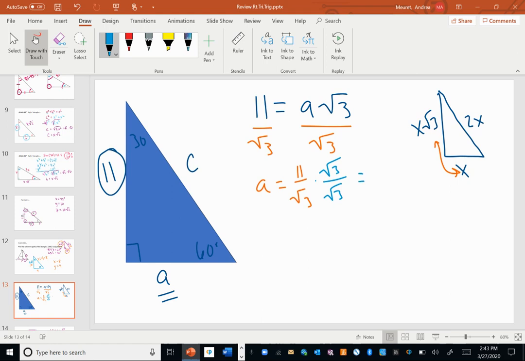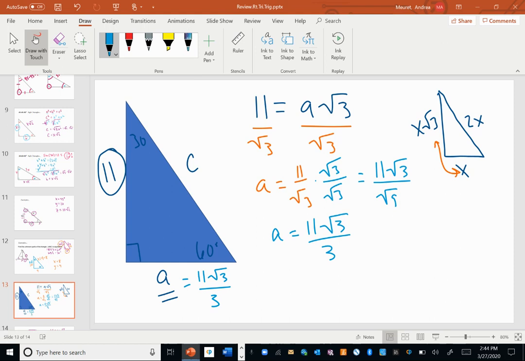So what we have is 11 times the square root of 3 over the square root of 9. And since the square root of 9 is equal to 3, then a is equal to 11 times the square root of 3 divided by 3. So this side is 11 root 3 over 3.